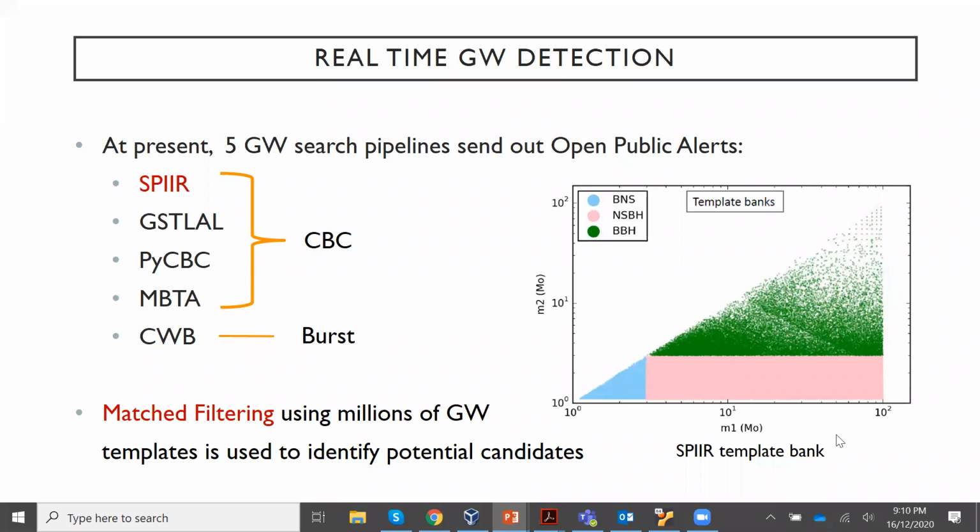This plot here shows the SPIIR template bank. As you can see, the X and Y axes represent the primary and secondary component masses. These are the ranges of binary black hole, binary neutron star, and neutron star-black hole masses that we try to discover from the detector data.